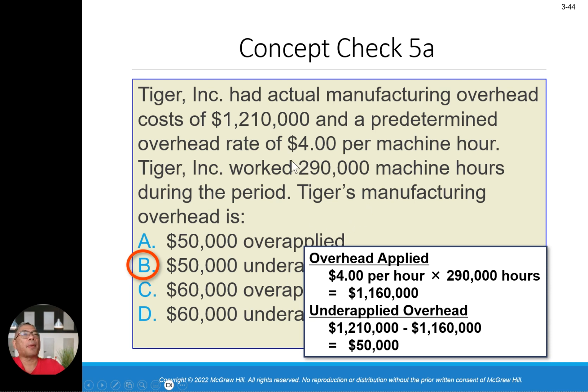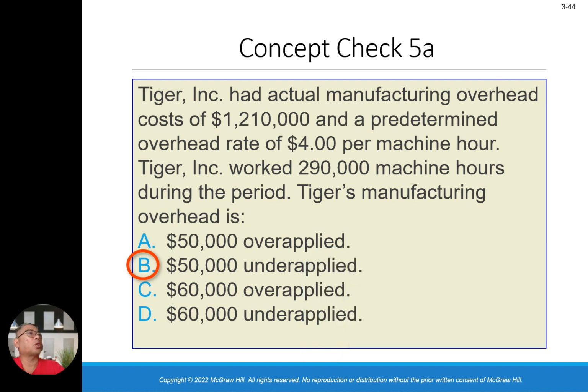Concept check here. Okay? I'm going to go back here to make sure you understand. Tiger, the example here. Tiger had actual manufacturing overhead cost of $1.21 million, with a predetermined overhead of $4 per machine hour. Tiger worked for 290 machine hours during the period.